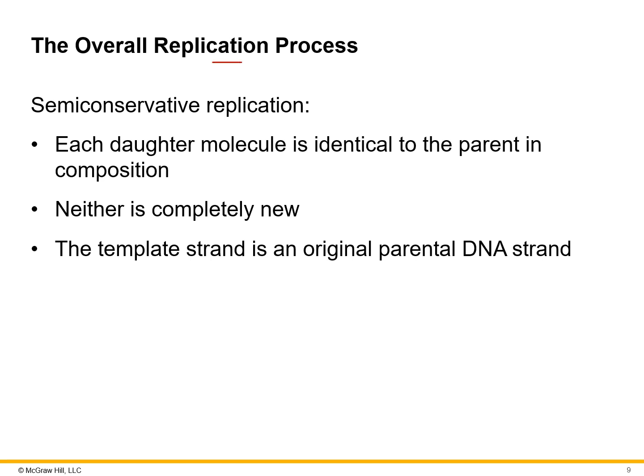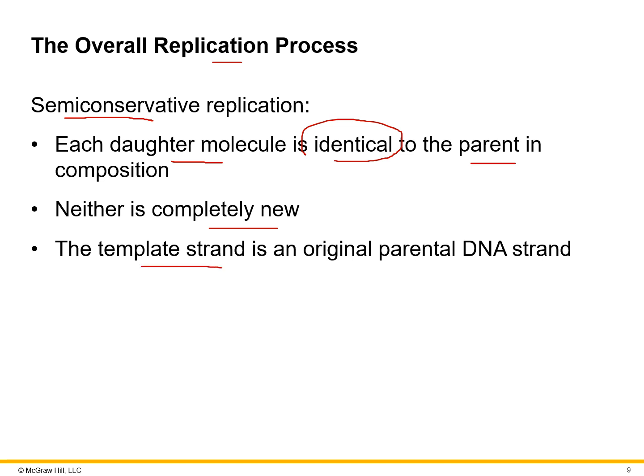And for all organisms, whether they're prokaryotic or eukaryotic, replication is what we call semi-conservative. And that means that each daughter molecule that's made, so the two DNA molecules at the end, are identical to each other and they're identical to the parent. Now, neither of them is completely new, so that's what we're saying, semi-conservative.